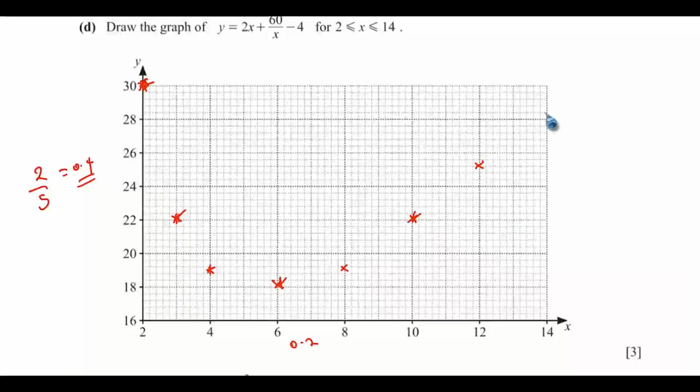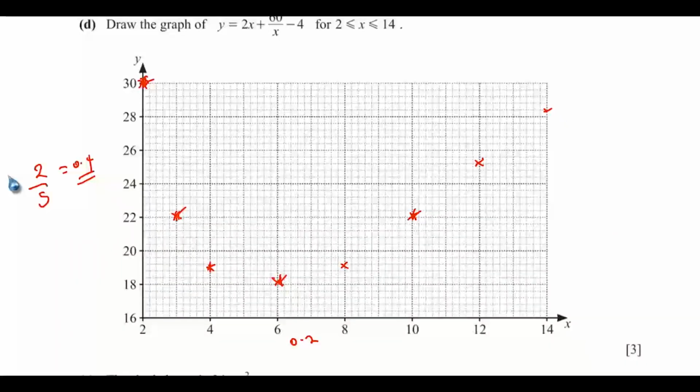It's not up to this line, because the line is 0.4, that will be 28.4, so you can just stay very close to this line. That is 14 against 28.3. Then I'll join these points together and show you the output. This is the rough sketch of it. If you are drawing yours, you can make use of your French curve.